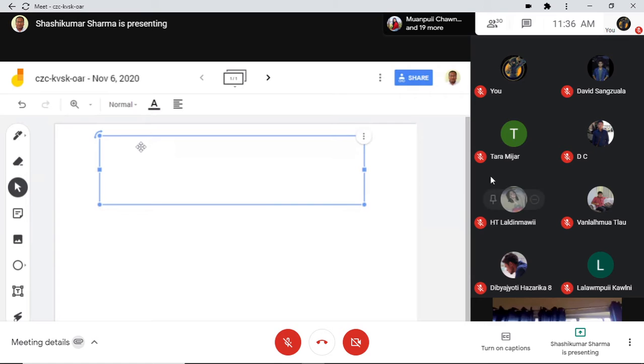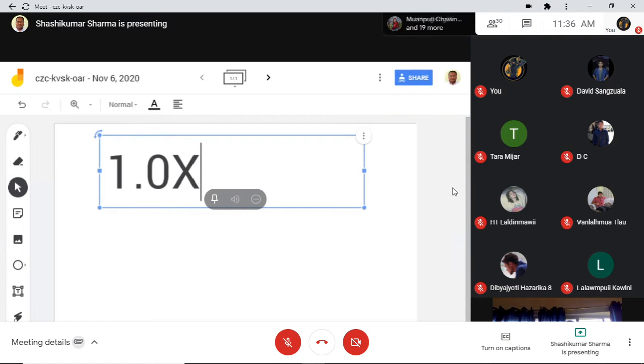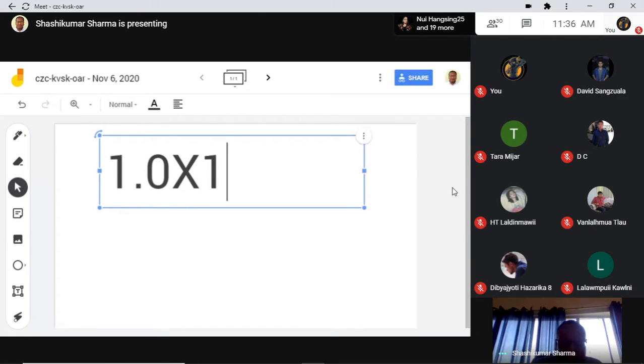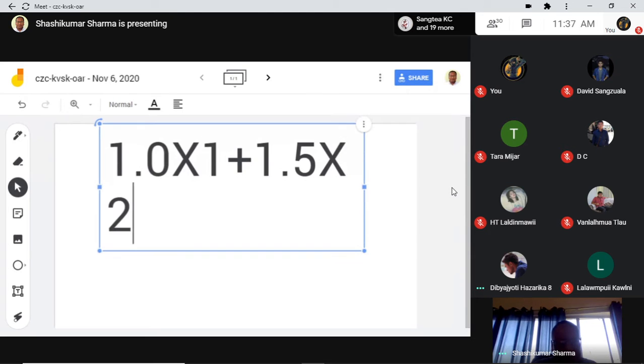So the first one is 1.0x1 plus 1.5x2 is equal to 600.